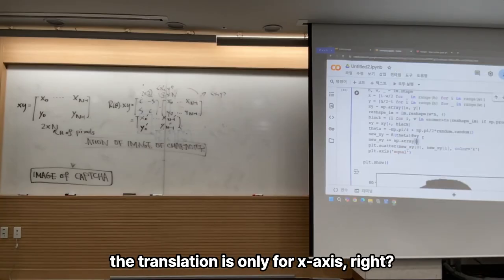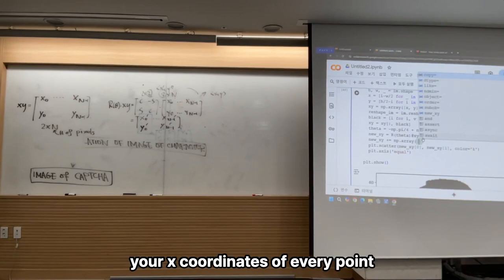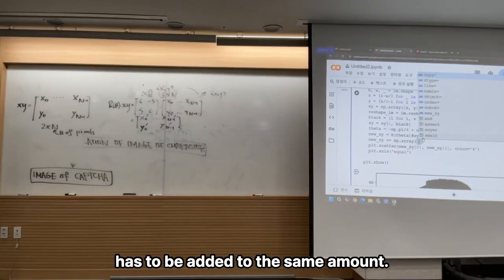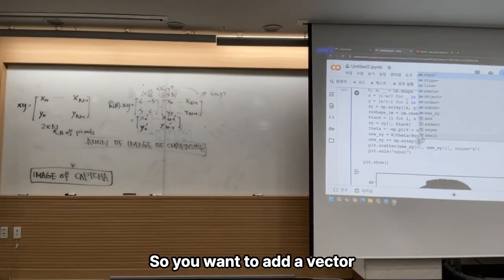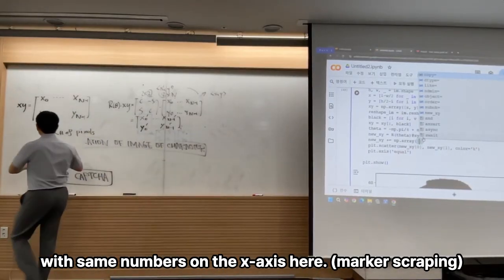So now the translation is only for the x-axis, right? So the x-coordinates of every point have to be added by the same amount. So you want to add a vector with the same numbers on the x-axis.